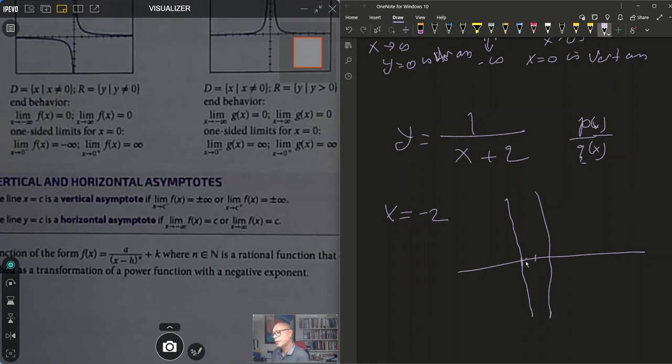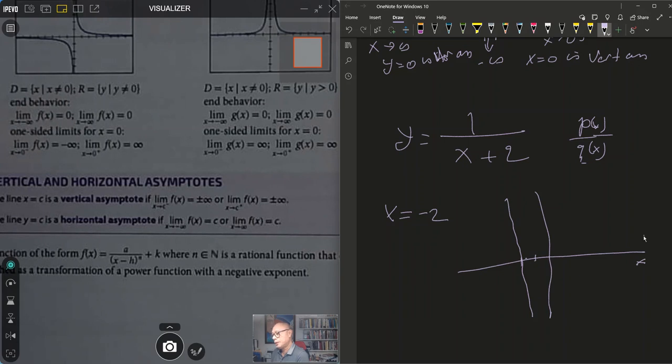If x goes to minus 2 from the right, the value of y becomes positive, because x plus 2 is positive.